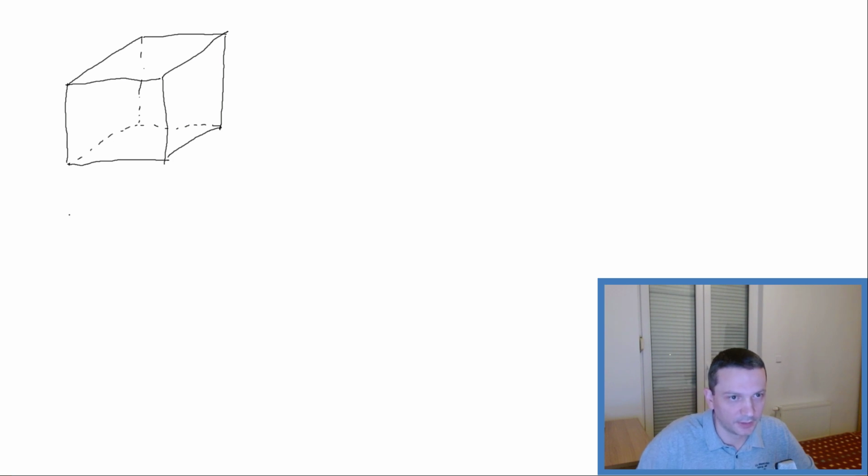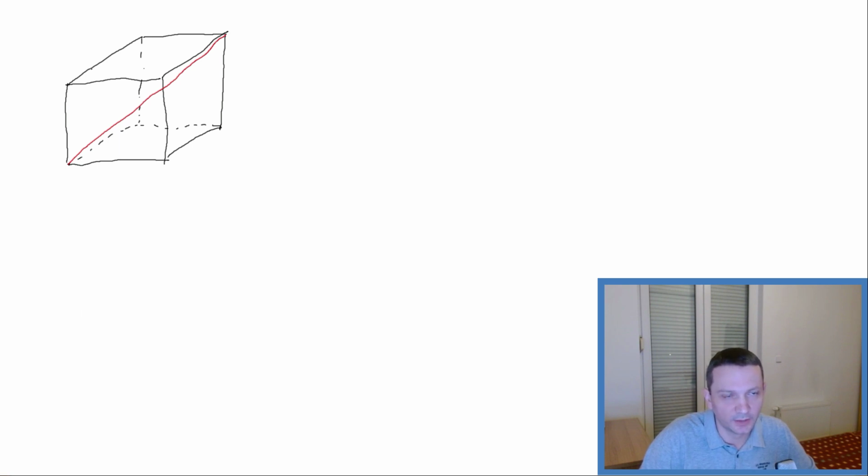Okay, I shall draw in red one diagonal. So this is the diagonal of the cube. And actually we are going to prove that the smallest angle is the right angle.